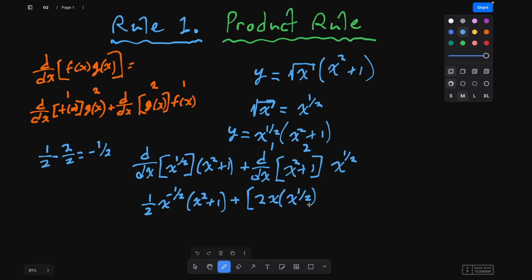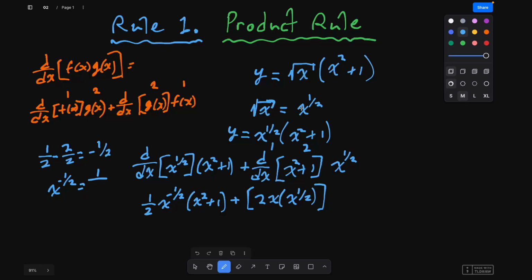1/2. Now, instead of distributing this 1 half x to the negative 1 half into this part here, we're going to rewrite x to the negative 1 half. If you remember, when you have a negative exponent, you can move it to the denominator. So our x to the negative 1 half is going to become 1 over x to the 1 half.